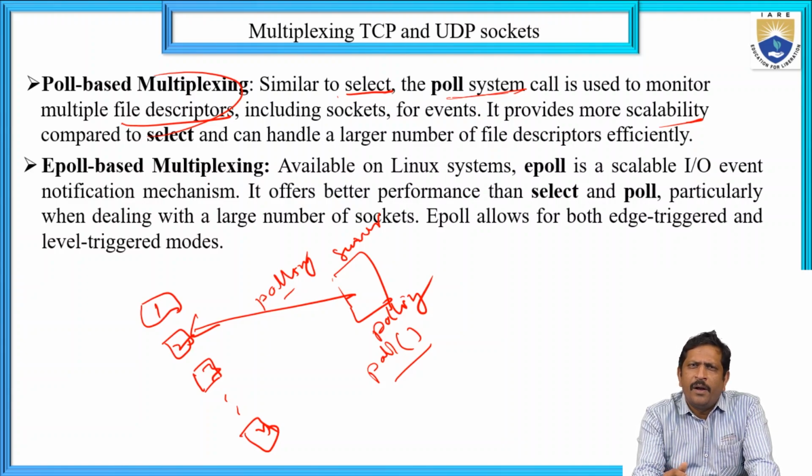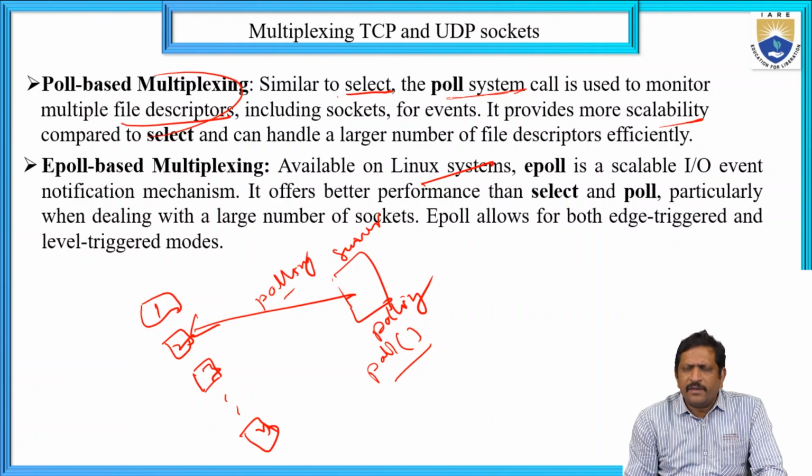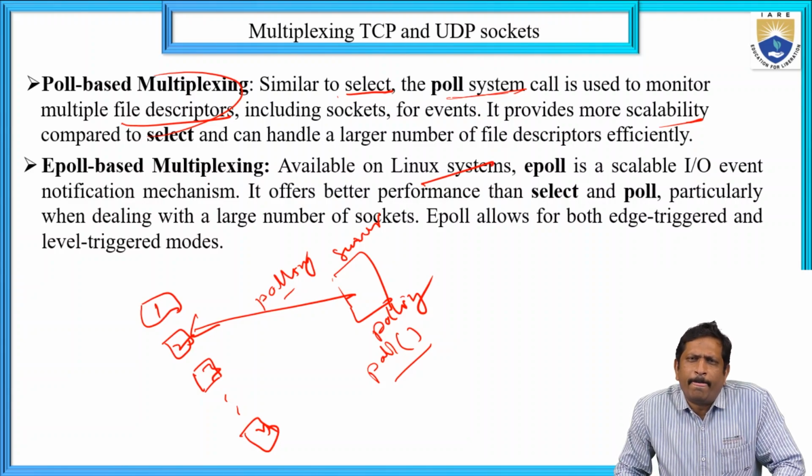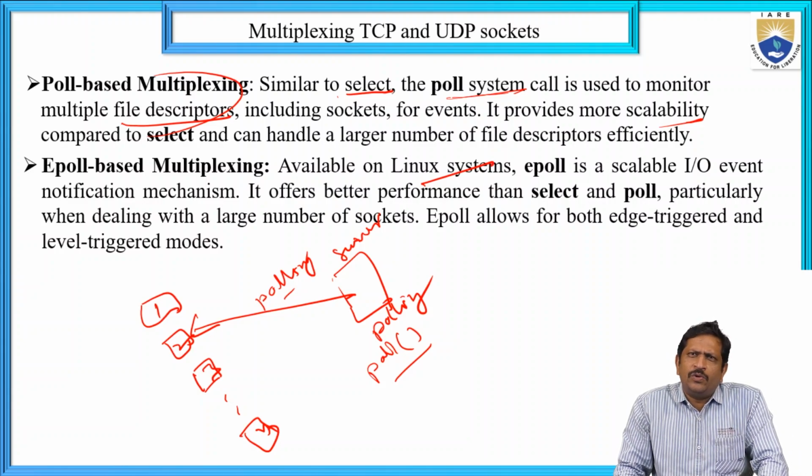Next, epoll-based multiplexing, which is available generally on a Linux operating system. Epoll multiplexing is high performance, generally used in high performance network applications.